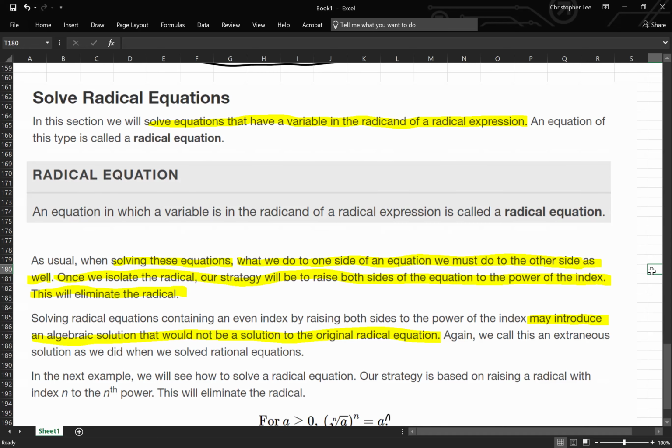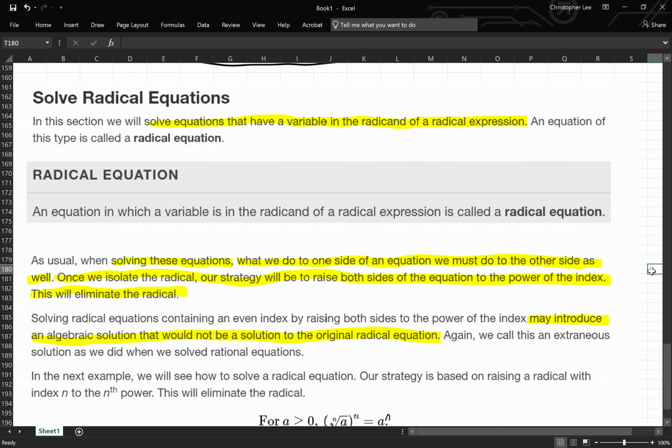This will eliminate the radical. Solving radical equations containing an even index by raising both sides to the power of the index may introduce an algebraic solution that would not be a solution to the original radical equation. Again, we call this an extraneous solution, as we did when we solved rational equations. In the next example, we will see how to solve a radical equation.